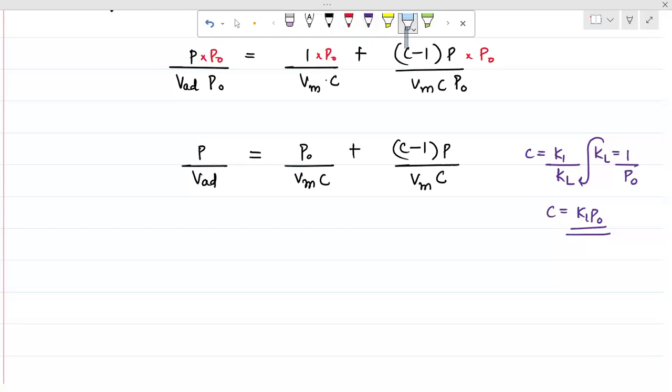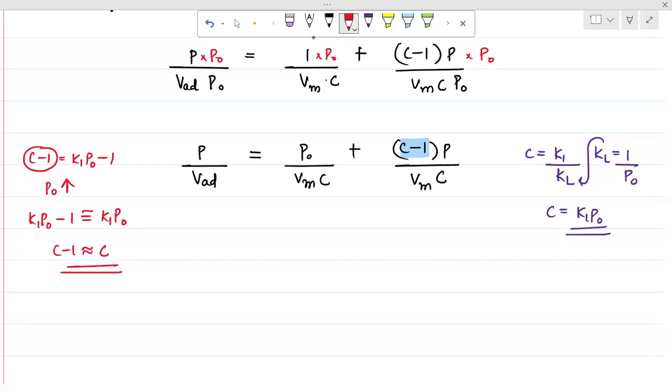So we have something called C minus 1 over here. So C minus 1 means K1 P naught minus 1. We already told that P naught is very high. So K1 P naught minus 1 can be approximated as K1 P naught. So C minus 1 can be written as just C. And C is K1 P naught.